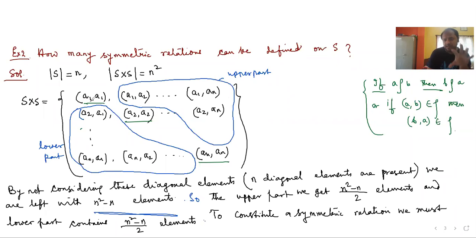Because if a is a1 and b is a1, then ab present means ba is also present. How many such elements are present? a1, a2, up to an. So n diagonal elements have to be considered too, because I am counting the totality of symmetric relations.